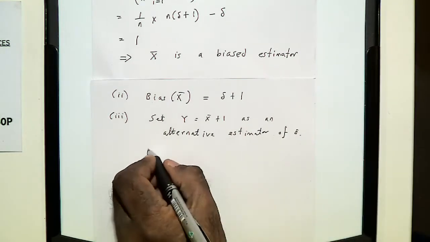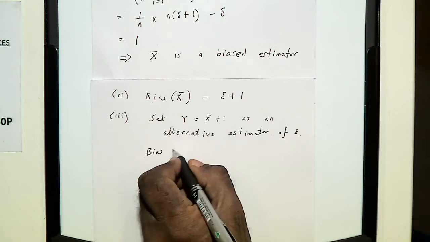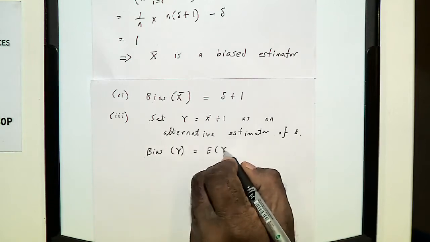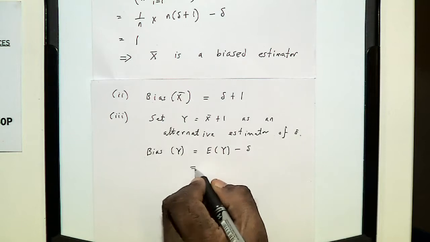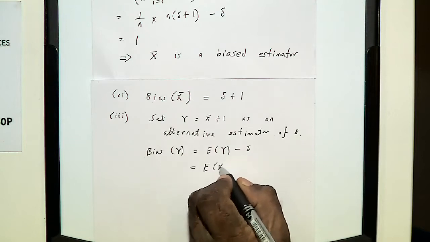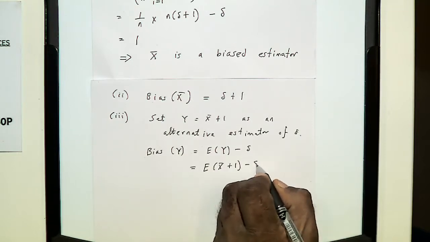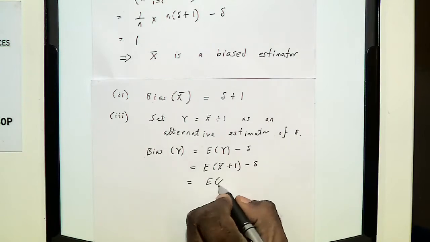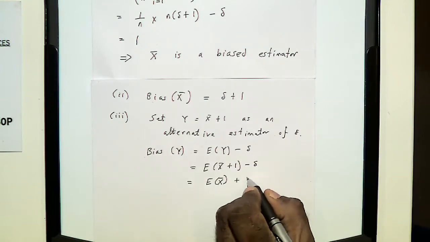Then the bias of y is the expectation of y minus delta, which is the expectation of x bar plus 1 minus delta.